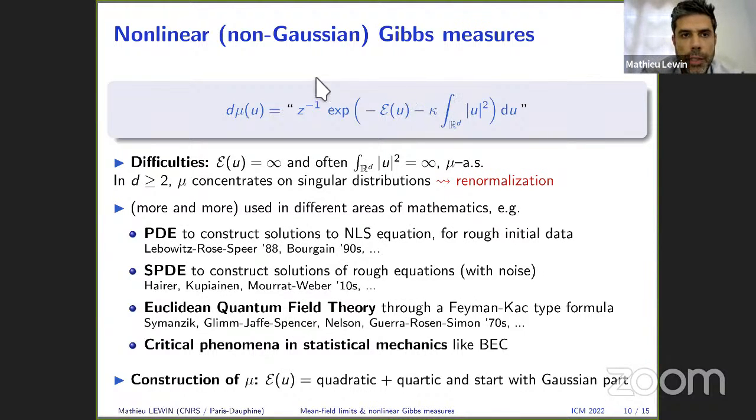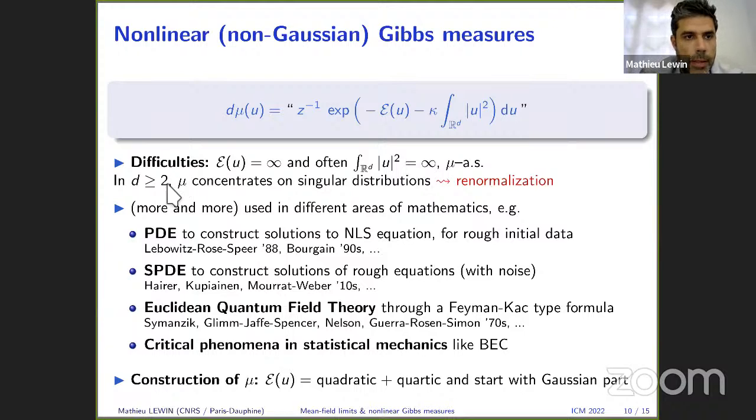Okay, so the main difficulty is that these measures are very singular objects. First, I wrote e to the minus E, but the energy is always going to be infinite on the support of the measure. Even the mass is often going to be infinite.